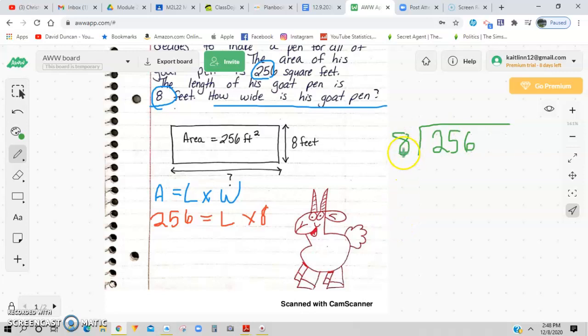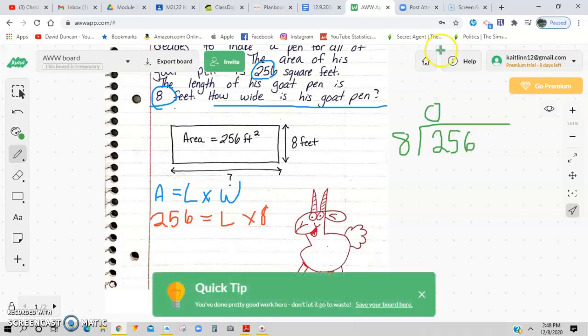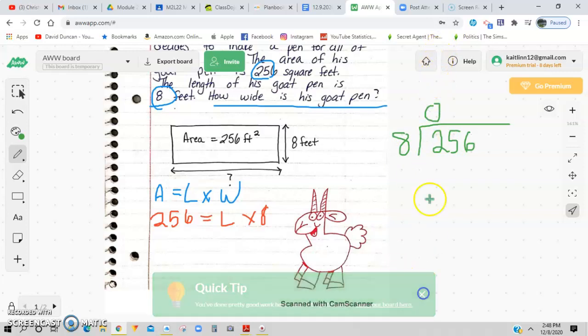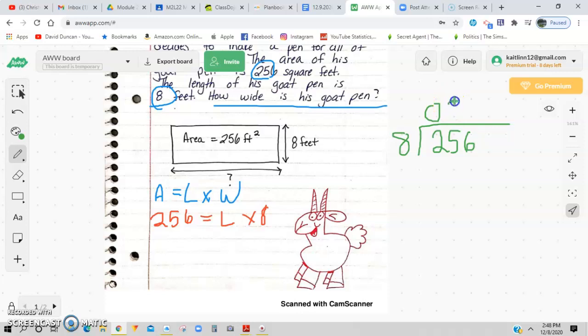Now, 8 can go into 2 0 times. So I'm going to put a 0 right there. 8 can go into 25 3 times, because I know 8 times 3 is 24. So I can subtract 24 from 25. And 25 minus 24 is 1. Okay.